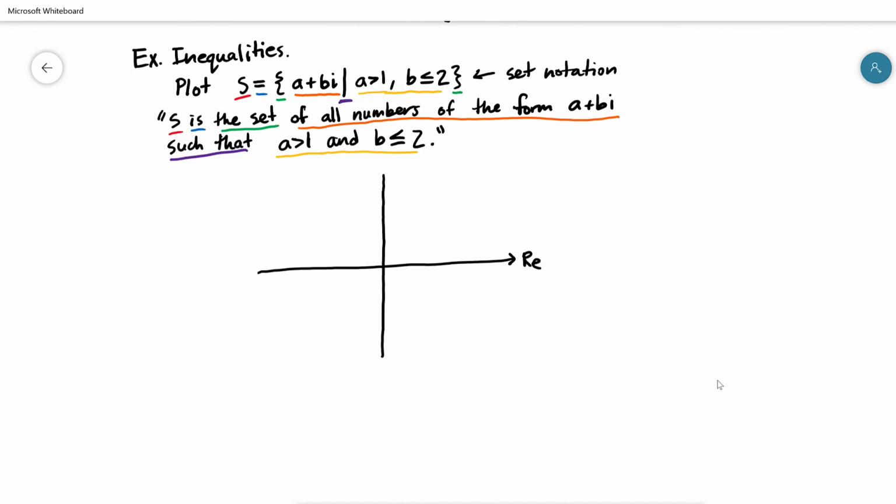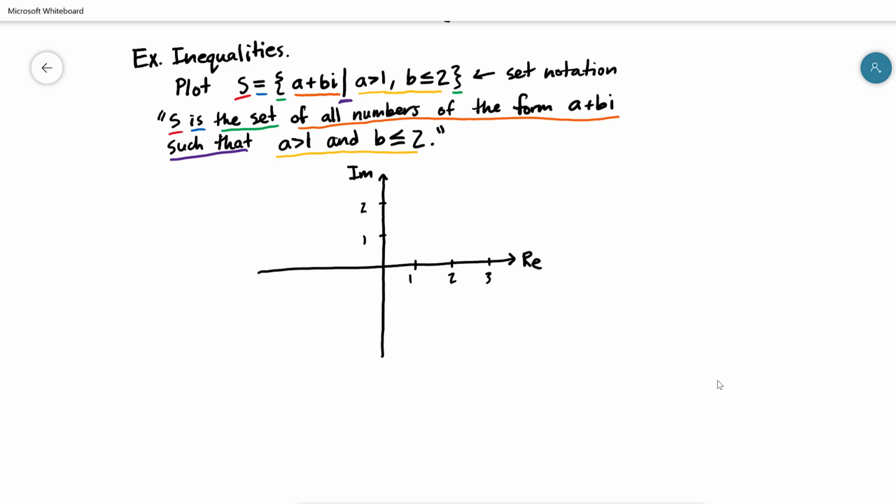Here's our real axis. Here's our imaginary axis. And I'm interested, again, in all the numbers where the real part is greater than 1. So if I say that this is 1, 2, and so on, 3, and the imaginary part is less than 2, so 1, 2, and so on.